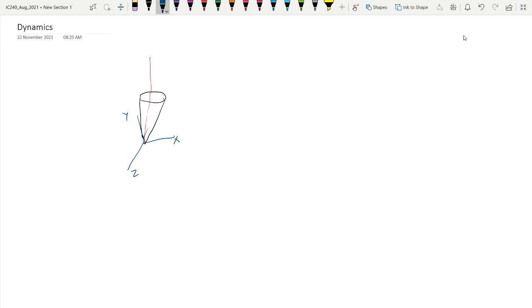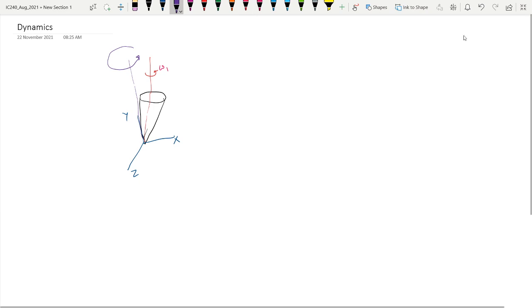But with respect to this capital XYZ axis, this top is going to spin like this, and it is also going to precess about this axis, something like this, right? You can visualize it from the videos that we have seen initially, and I'm sure in childhood we all played with these kinds of toys. So we have a top spinning about this omega 1 axis, and at the same time it is going to precess with this omega 2 axis.